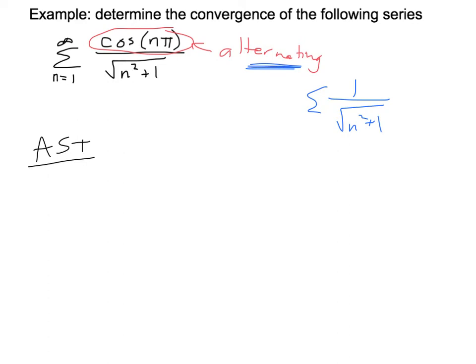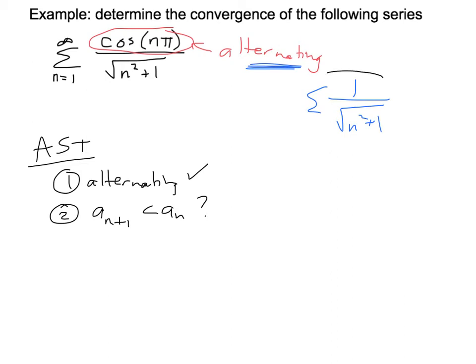And I sort of gave my steps on the previous slide in the wrong order. I usually check to make sure it's alternating first. It's kind of a silly thing. But first, it is alternating. Check. Second, is a sub n plus 1 smaller than a sub n? We can either do that formally or informally by looking at this thing and saying, when I plug in a larger value for n right here, what happens?